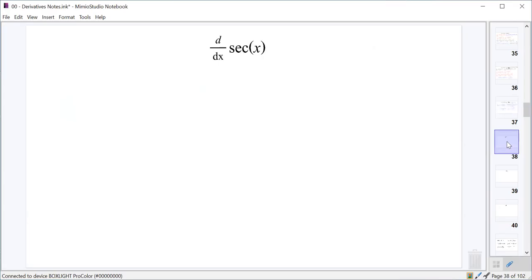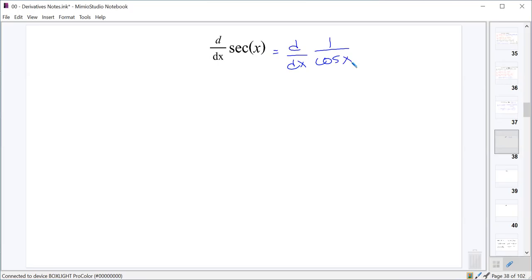Our next one is going to be the derivative of secant of x. We have to come up with a way to rewrite secant in terms of sine, cosine, or tangent, because those are the 3 trig functions we know the derivatives of. So the derivative of secant is the same as the derivative of 1 over cosine x. Well, 1 over cosine x actually looks like a reciprocal rule problem.